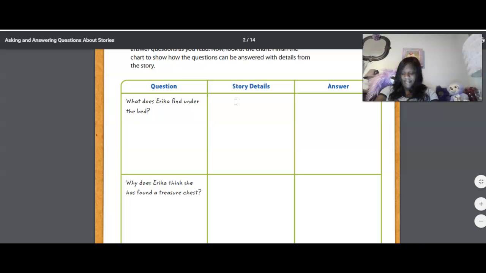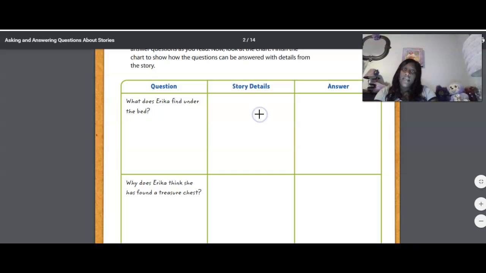She finds a box of treasure. But that's not what they wanted us to do. They wanted us to use specific information from the story. So we need to use story details.